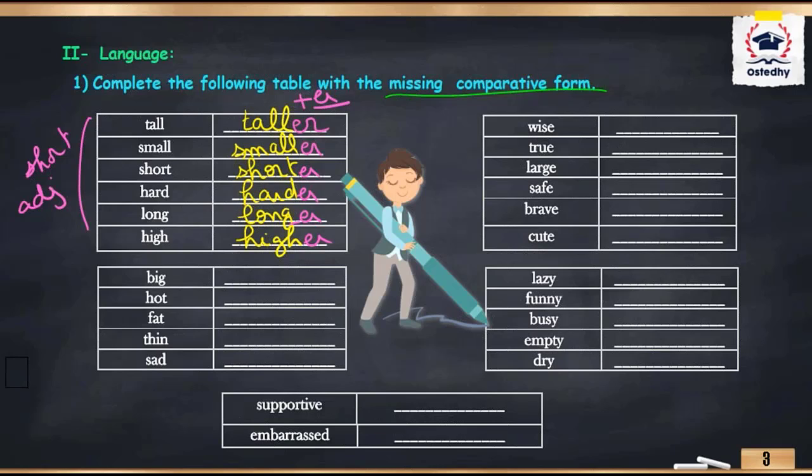Anyway, now let's move to number 2. This table, that table here. Okay? So what do we have? Can you give me the answers? Wise becomes? Wiser. Okay. So I'm going to write here, and then that's an R. Then what do you have? True becomes? Just finish, Iman.